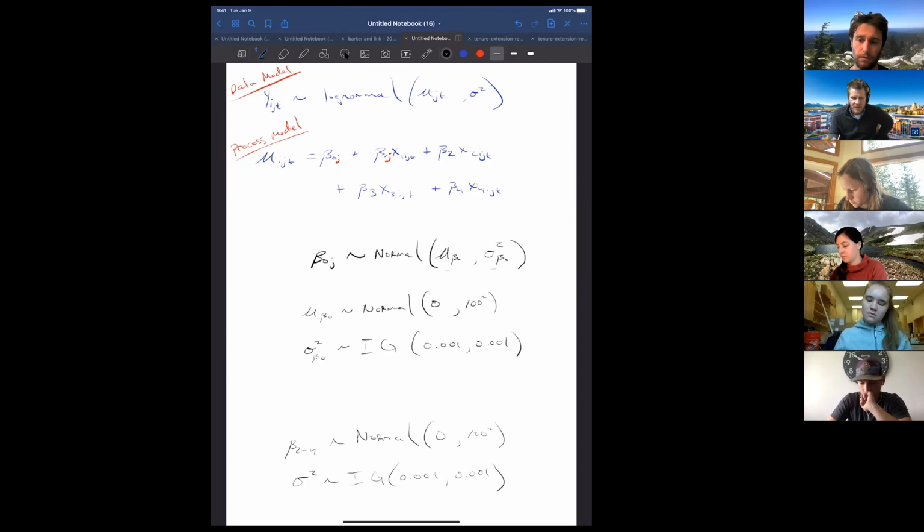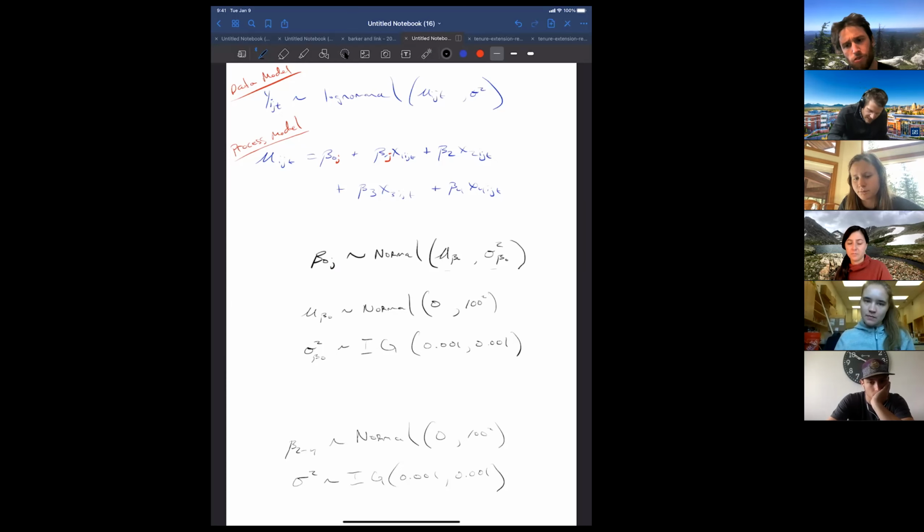So there's one additional step we need here to extend this model to allow beta 1 to change for each site for stream flow. Do we need a mu and a sigma for beta 1?